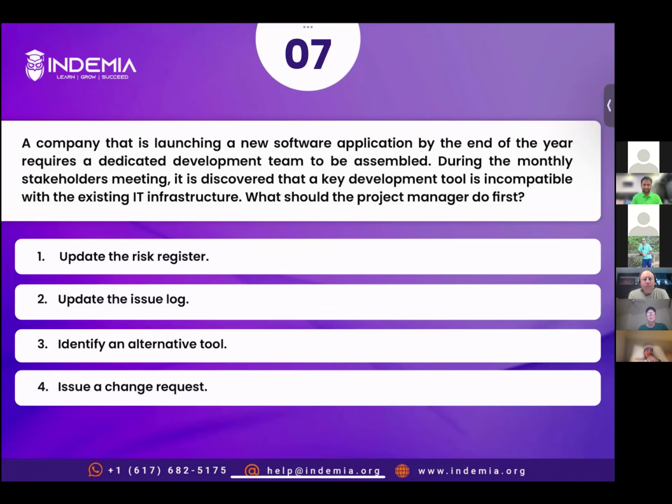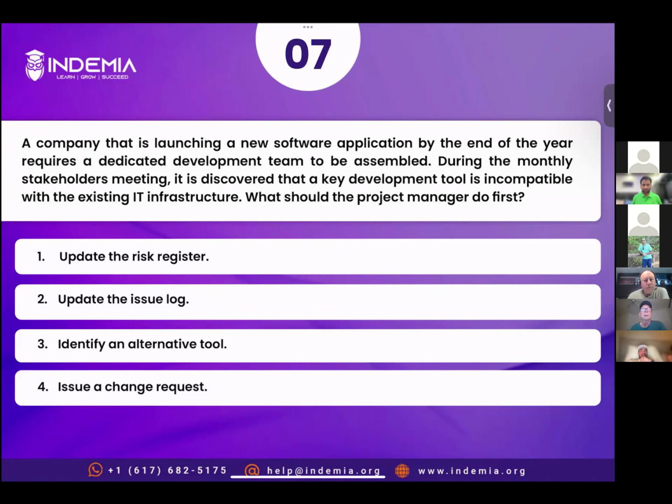It's not a risk. It's an update to the issue log. For some reason, I'm going for 2 right now because of the existing IT infrastructure. So I don't think it's a risk. I think it's an issue.